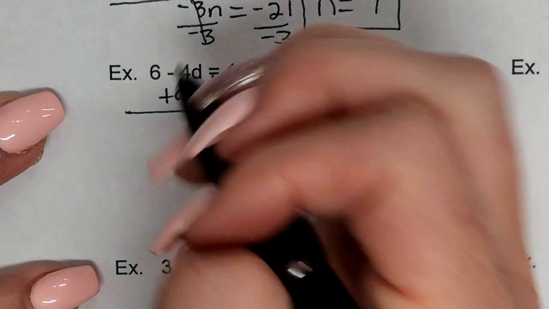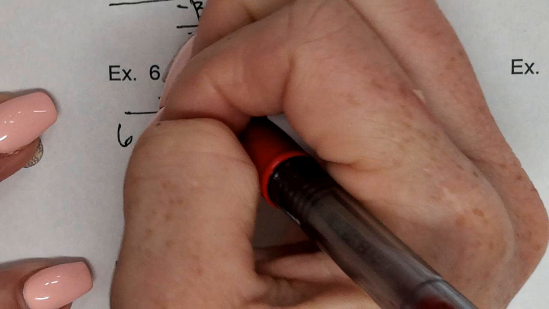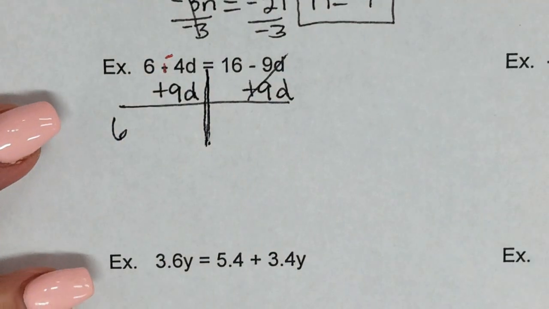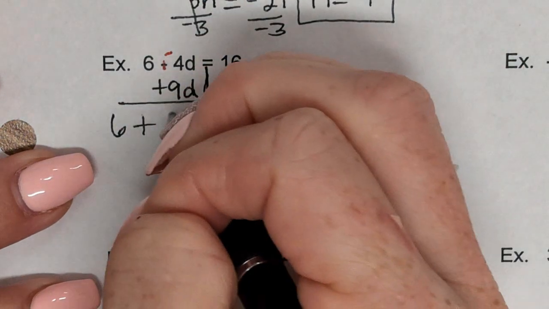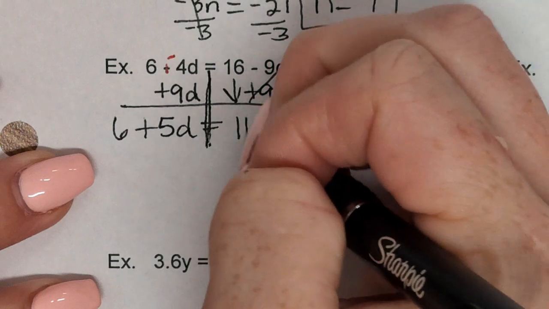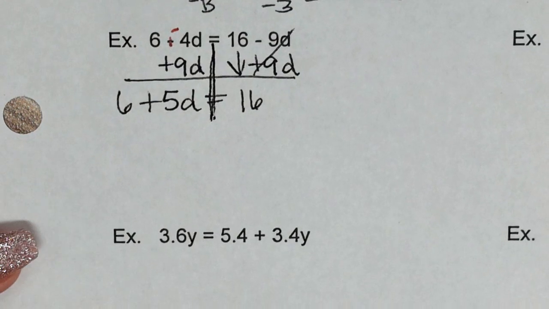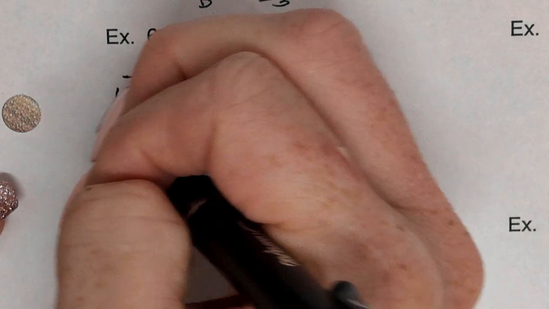Okay? So I have 6. What kind of value does this 4 have? So I'm combining negative 4 plus 9, which is positive 5D. I'm bringing the 16 down. Now I'm going to get rid of the 6, the constant. How do I zero out a 6?